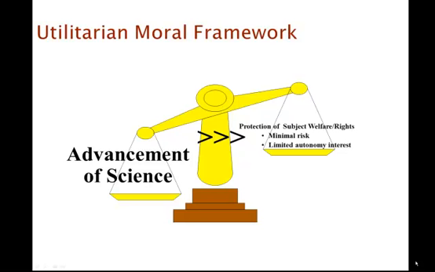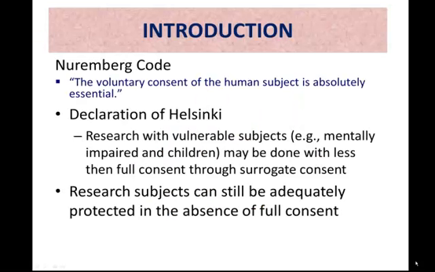And that is because such research presents minimal risk to the subjects, and the subjects may have, in certain types of research, a limited autonomy interest. Before explaining more about this utilitarian framework, let's look at what the regulations say about waiver of informed consent.